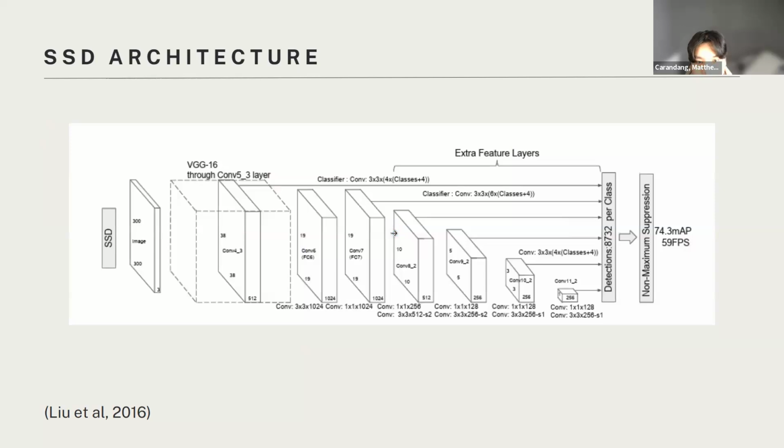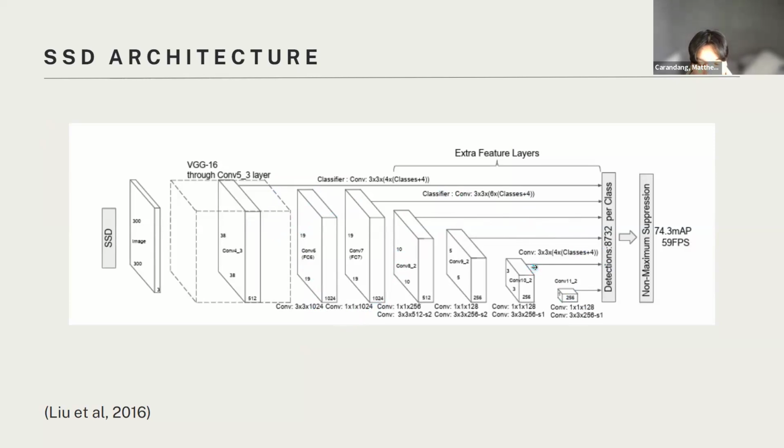So here is the overall architecture of the SSD. As we can see here, the main difference with YOLO is that as it's going through its backbone, which in this case is VGG16, it's already getting its feature maps from different layers of the backbone and sending them into the detection head.